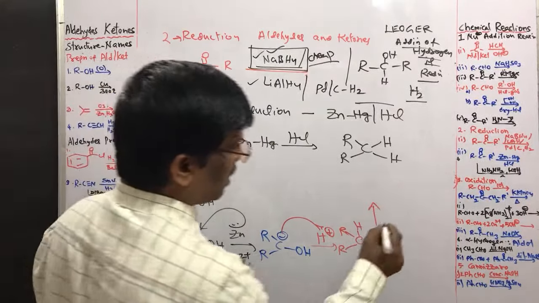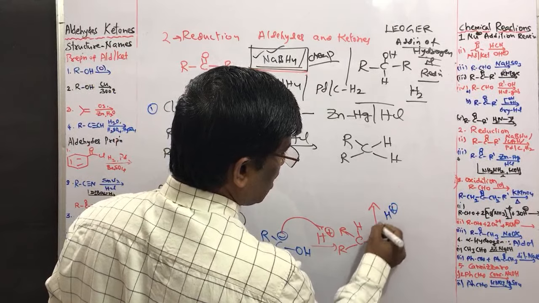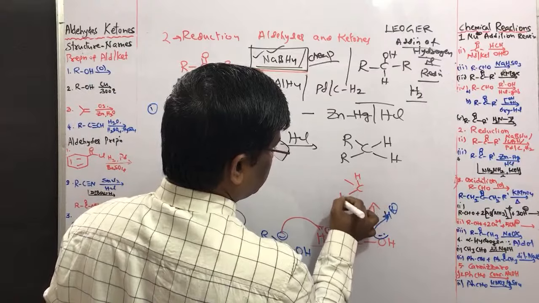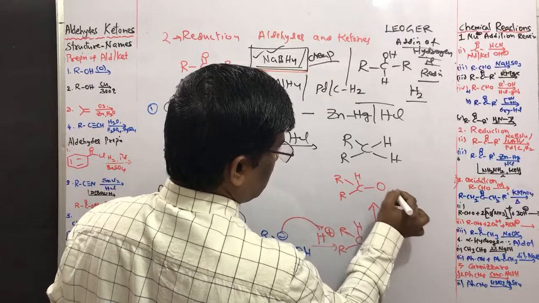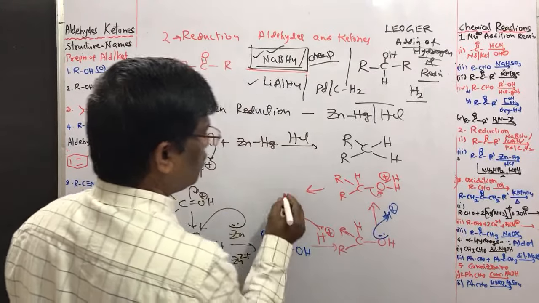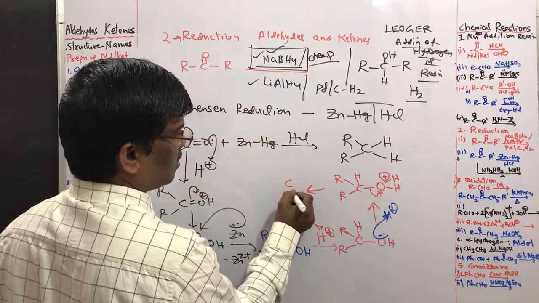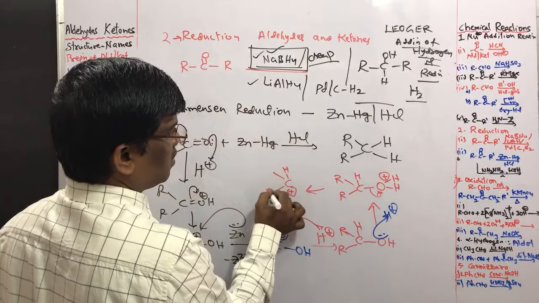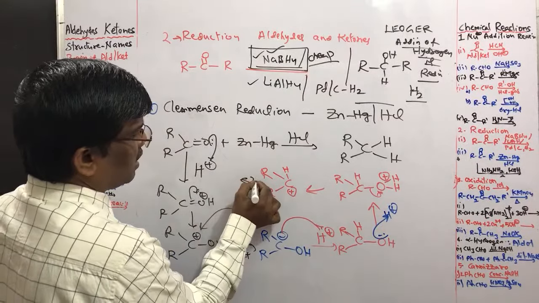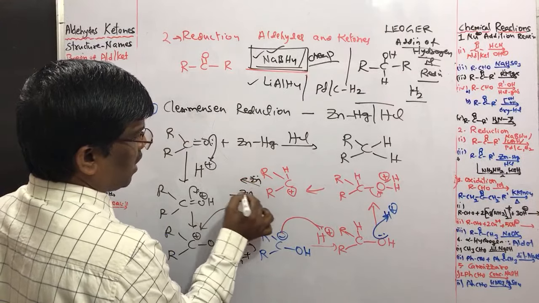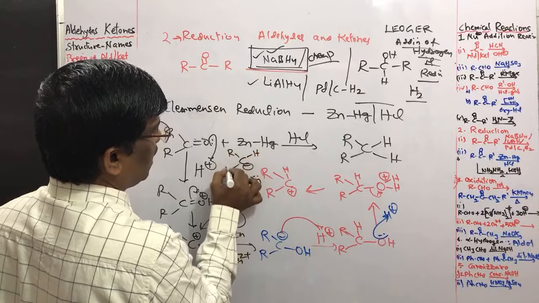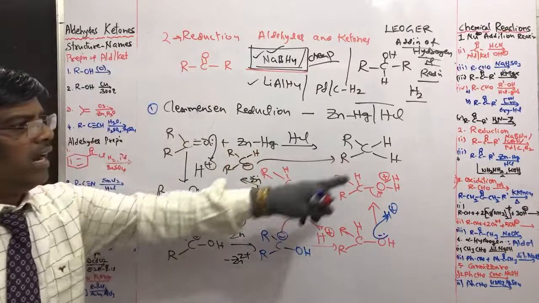Now the oxygen takes up H plus, giving R R OH H, which is positive. It loses water to form a carbocation, which takes up 2 electrons from another molecule of zinc to give a carbanion. That carbanion takes up a proton to give the reduced alkane.